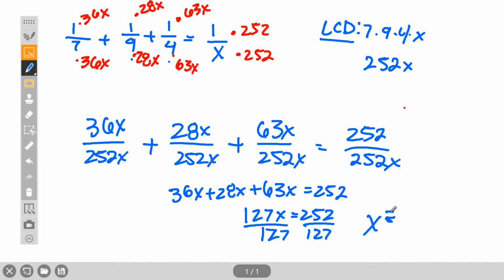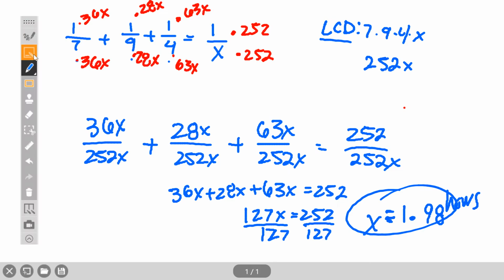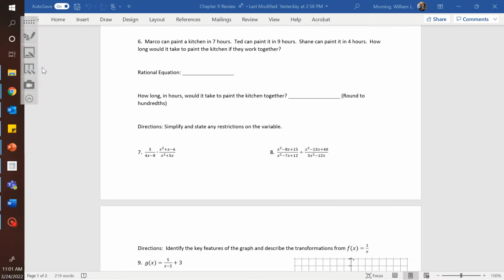And it says round to the nearest hundredths place, so about 1.98 hours is how long it would take them to paint the kitchen together. Well, it's almost 2 hours, and there's 3 of them painting together, so yeah, that makes sense.